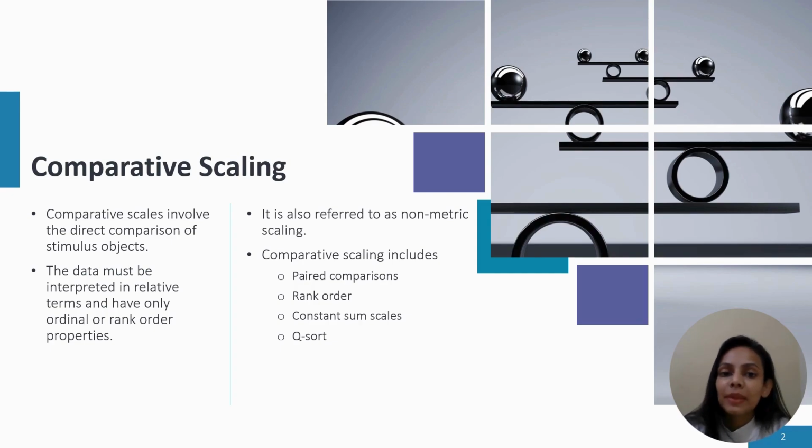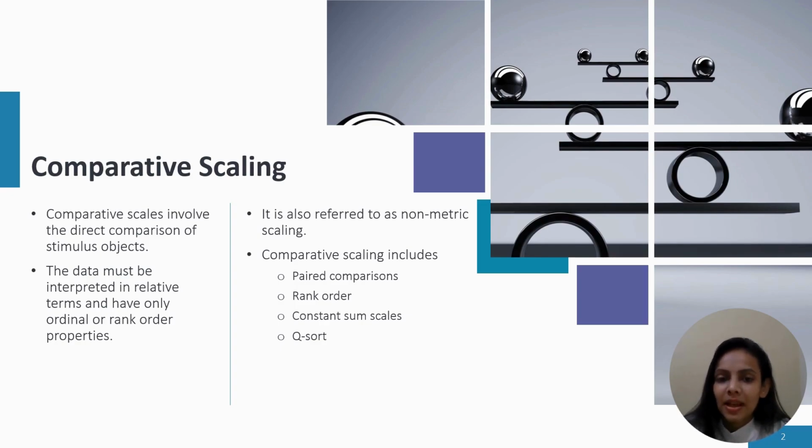The data must be interpreted in relative terms and have only ordinal or rank order properties. It involves assigning values to the characteristics of items or attributes in relation to one another, rather than using an absolute scale. The goal is to understand the relative differences between the items being compared.